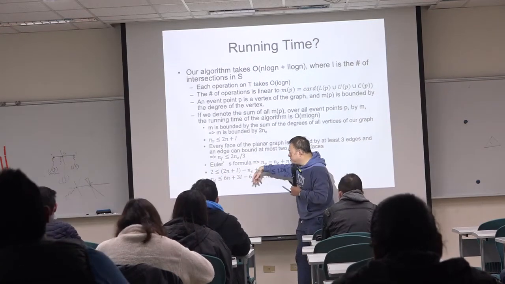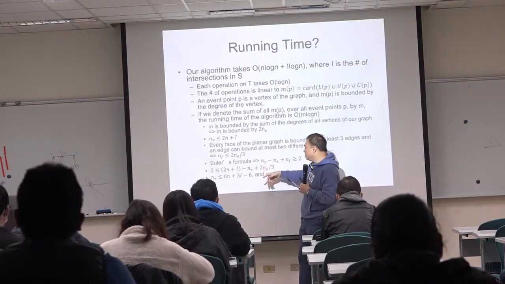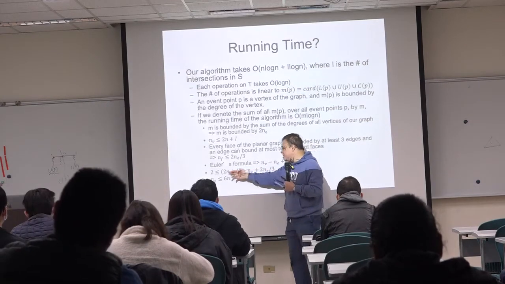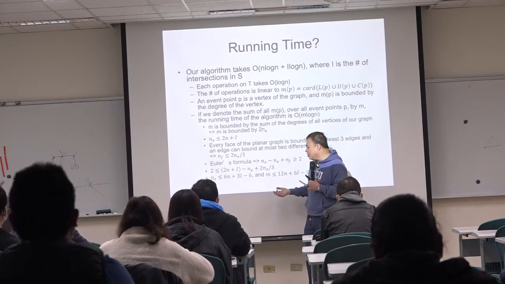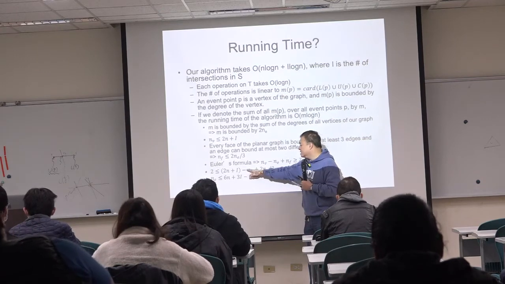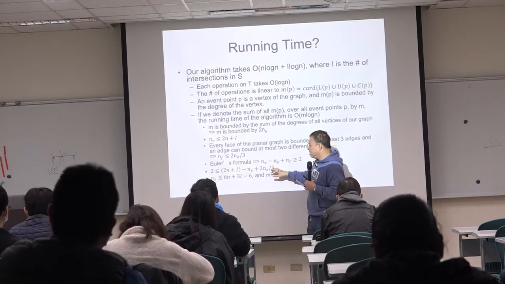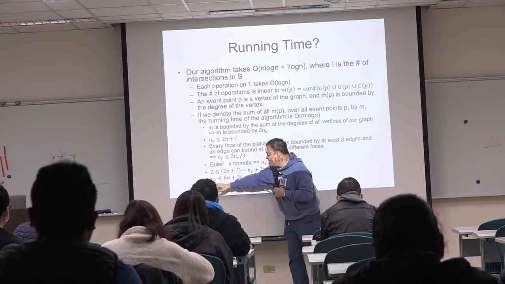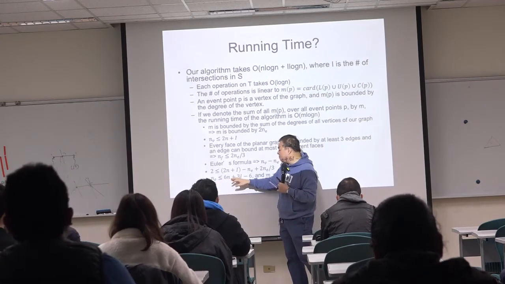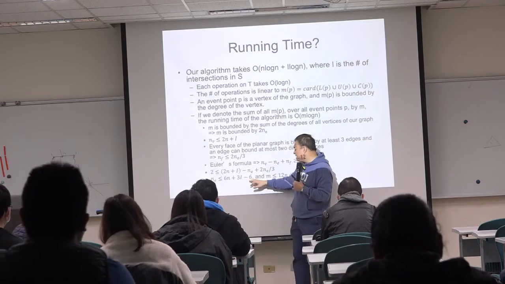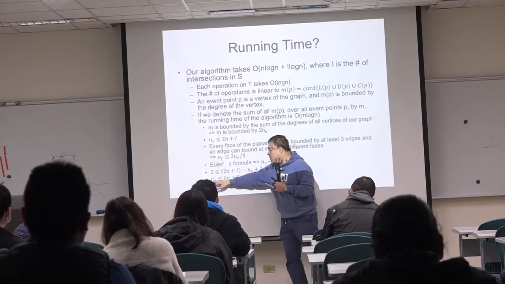And if you try to sort it out, the only unknown that is left is NE, right? So you can get this: NE is smaller or equal to 6n plus 3i minus 6. Okay?